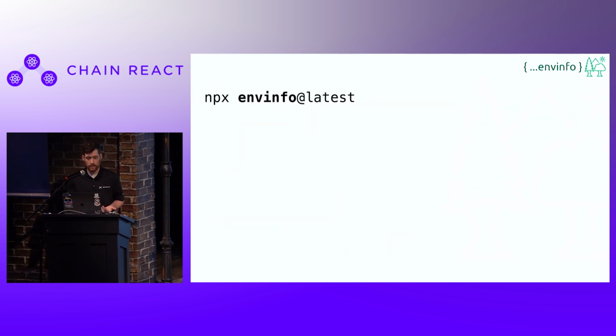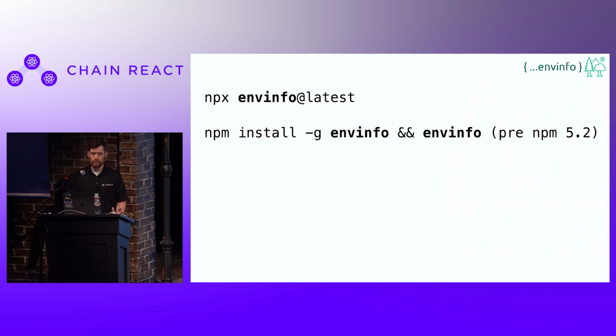So there are a lot of different ways to use NVINFO, and my favorite is via npx, another binary that you may not know about that I guarantee is on your computer. It's a way to run any node module without actually directly installing it first. NVINFO is great at this because it's a super small package and it's very fast, maybe 1 or 2 seconds. Of course, you can also install it globally or in your project, as you would with anything else.